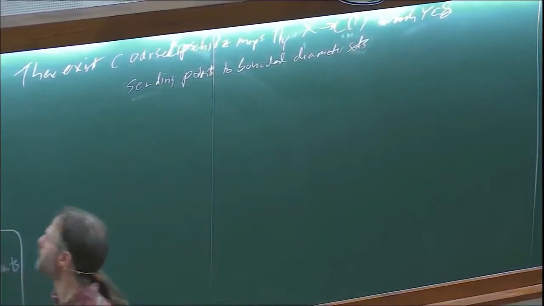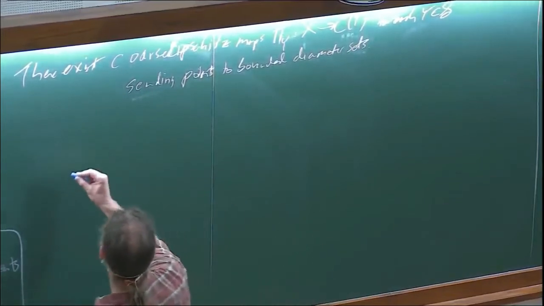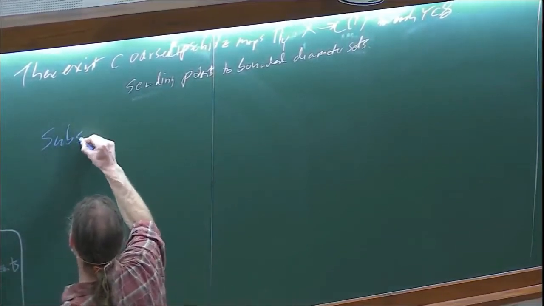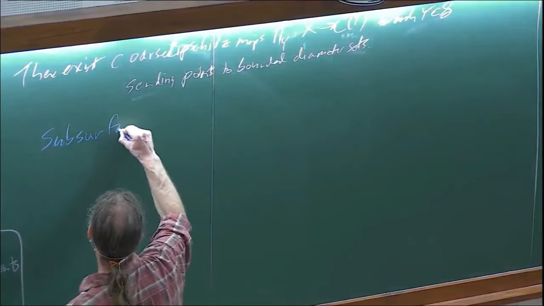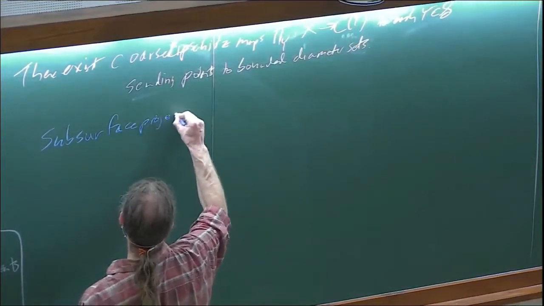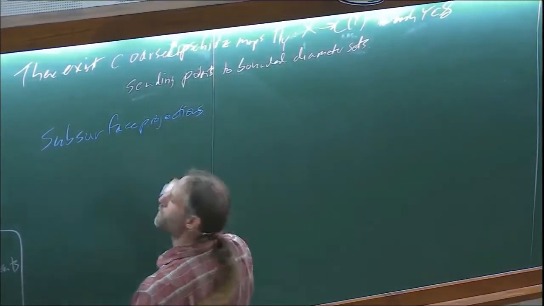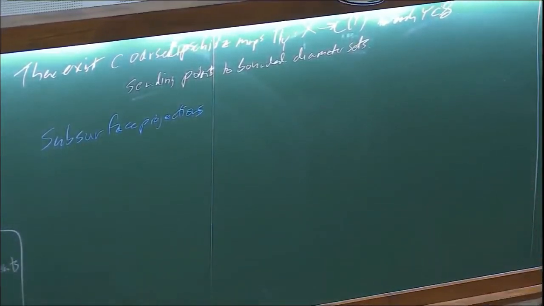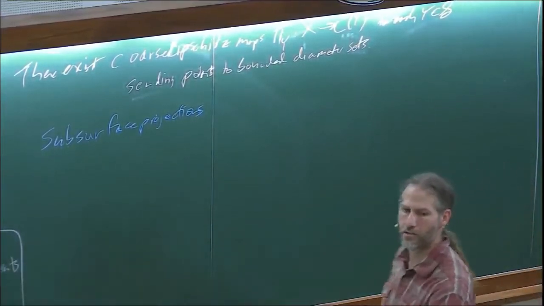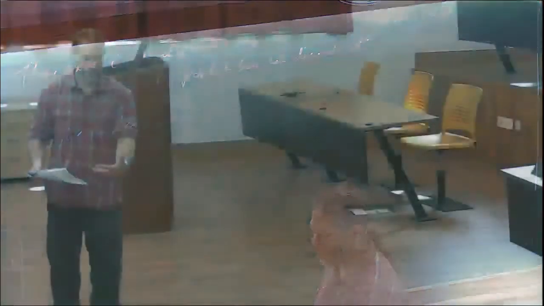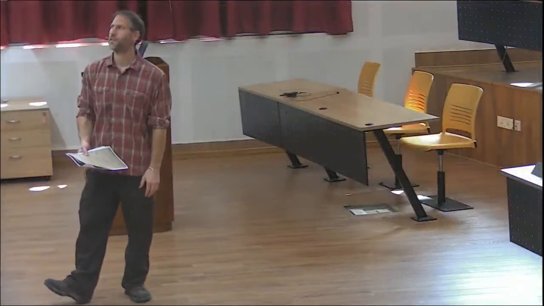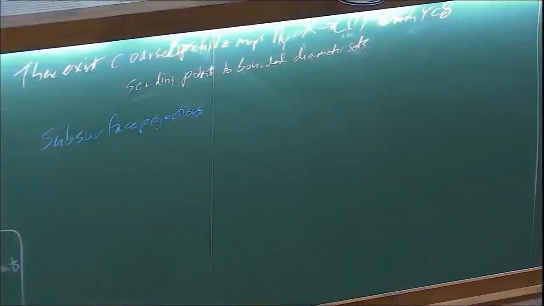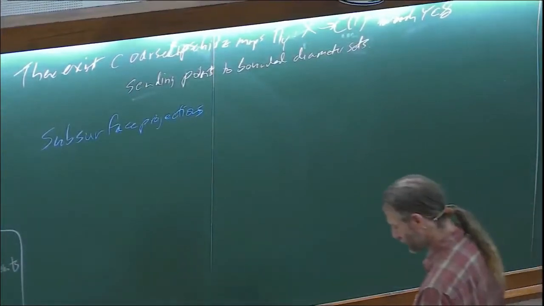In the case of the mapping class group, these are what we called subsurface projections. We thought of the mapping class group as a collection of curves on the surface, intersected with the subsurface and then did surgery to get a collection of simple closed curves. That collection was bounded diameter.